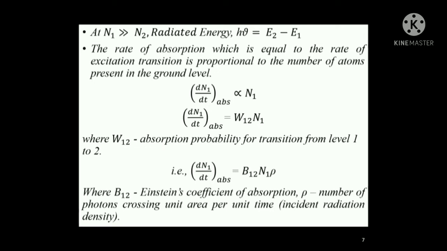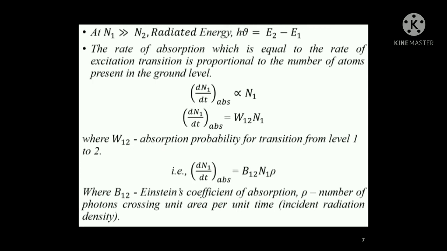To remove this proportionality sign, we can write dN1 by dt on absorption equals W12 N1, that is ground state to the excited state, the next level. This W12 represents absorption probability for transition from level 1 to 2. So dN1 by dt on absorption is equal to B12 N1 rho.